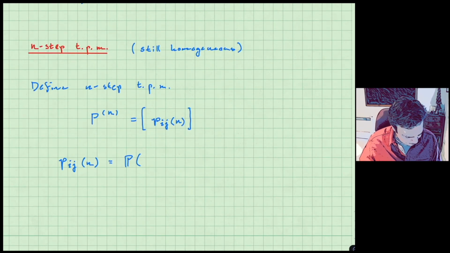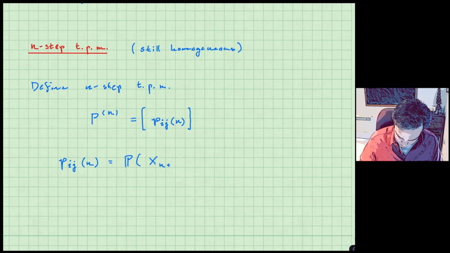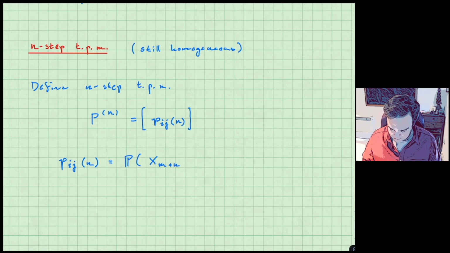Okay, and so what this looks like is the following. So we're saying we're going to a particular state X, and then we'll put underneath it m plus n. So it's n steps away in time, or steps, from where you were at time m, right?